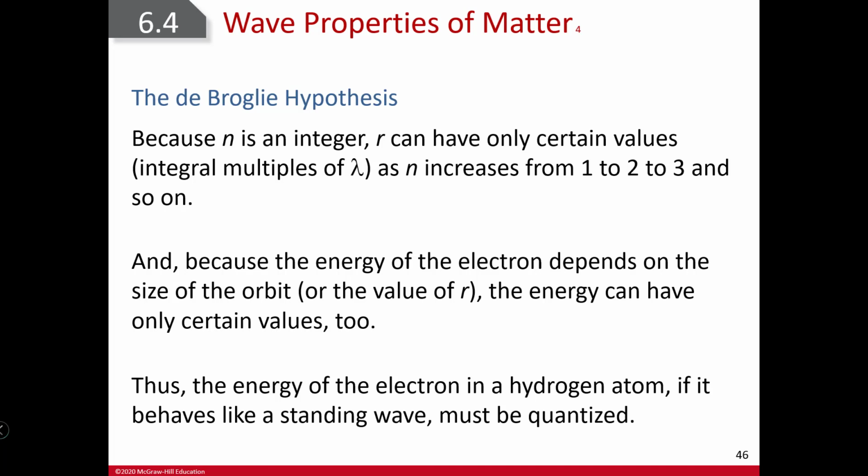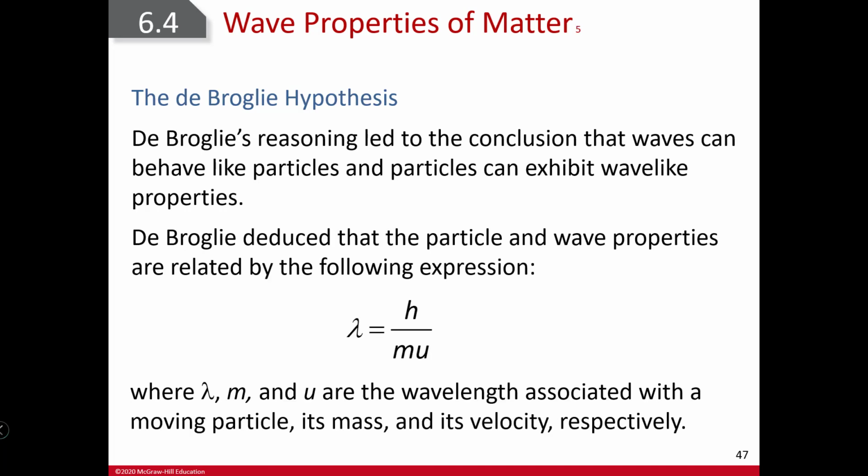Because only certain R values are allowed, that means only certain sizes and certain energies, we can show the relationship between wavelength and mass. So here's wavelength, here's the mass, here's Planck's constant, and there is the velocity of the particle. And you go, well, what does this do for me?